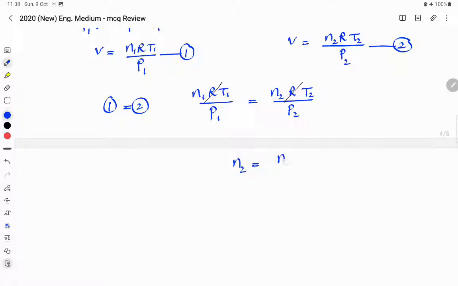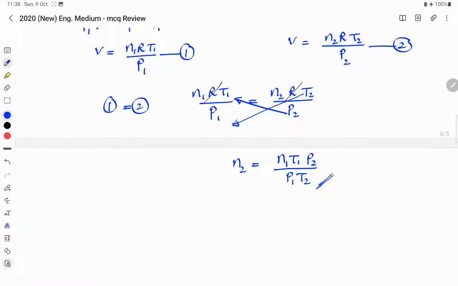Therefore we will get N1 T1 P2, divided by, we have to keep the P1 there, and we have to take the T2 here, so it will be P1 T2.